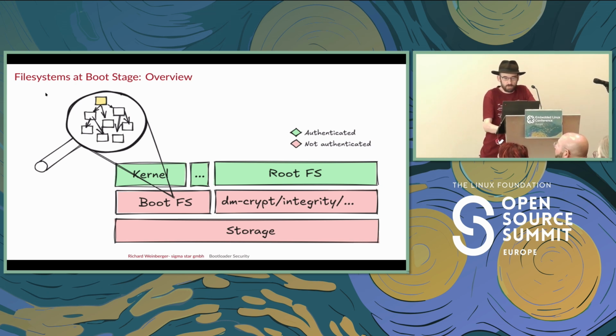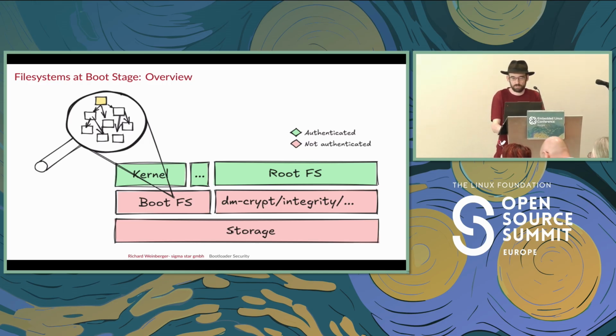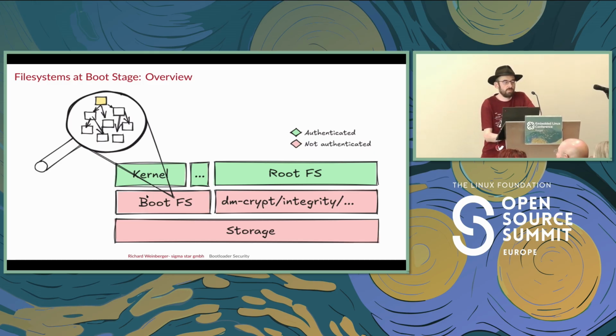Usually you have your storage medium, which can be some kind of eMMC, an SD card, or raw NAND, whatever. But here in this case we have block storage, and usually you have your root file system and some other file system that hosts the files that are read by the bootloader, for example the kernel.